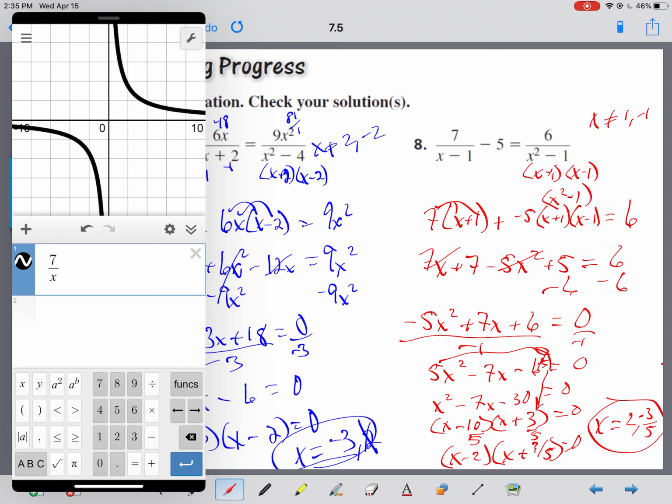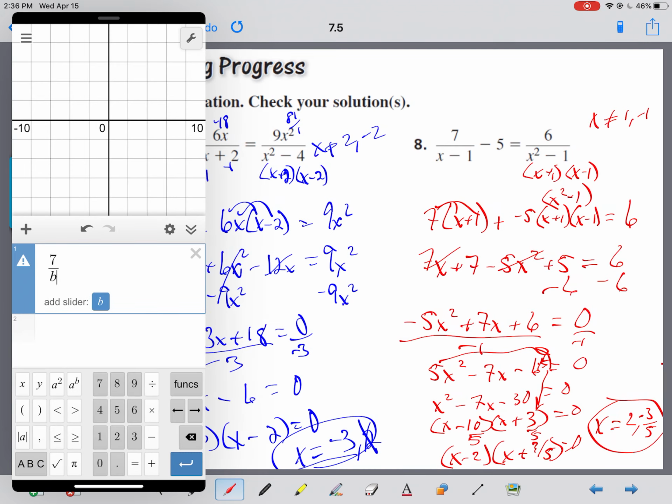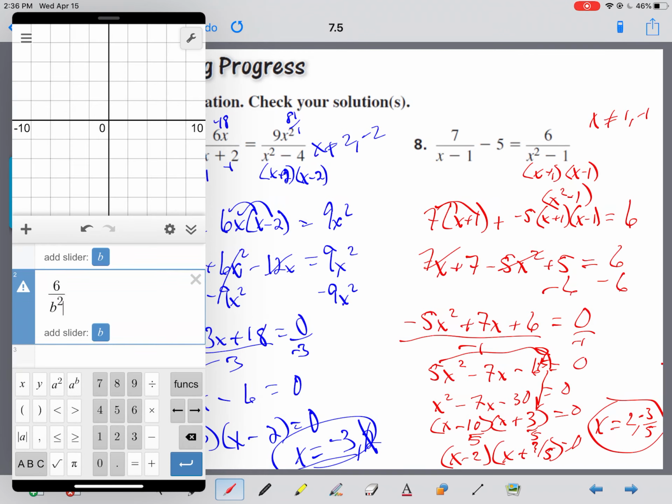So let's do this. I wonder if I can do it this way. 7 divided by, actually I'm going to use a different letter. I'm going to do divided by b minus 1, and I'll show you why I'm doing that in a second, minus 5.